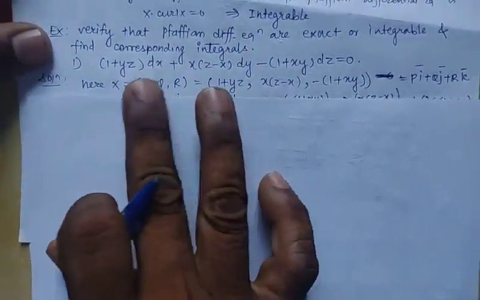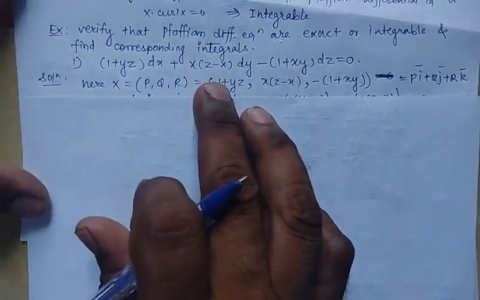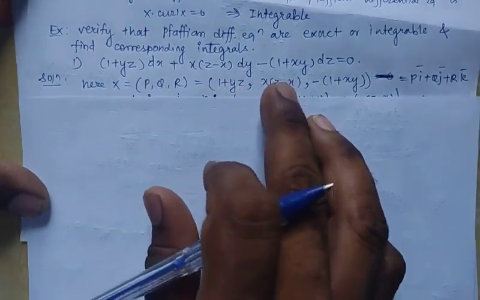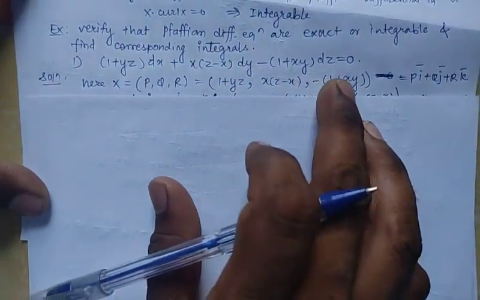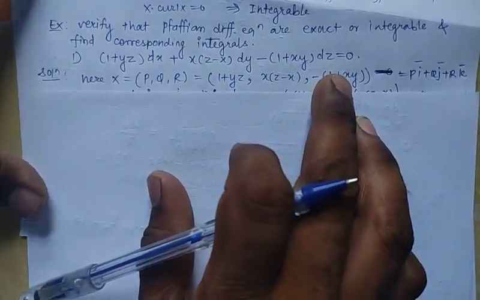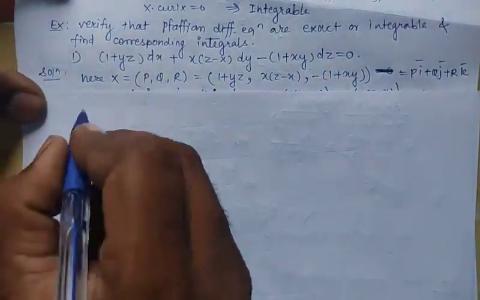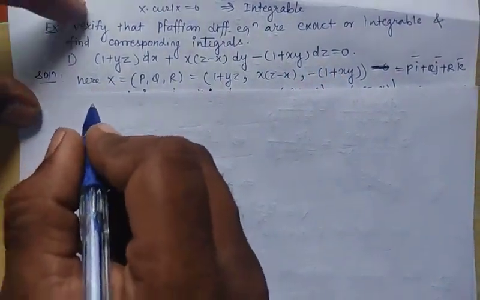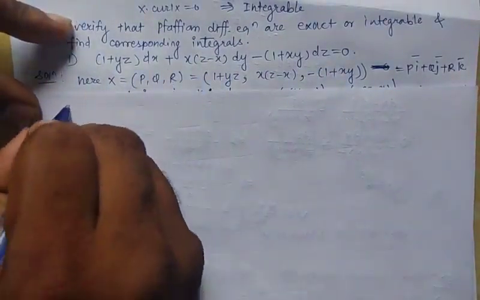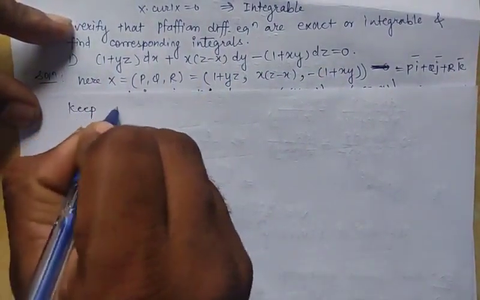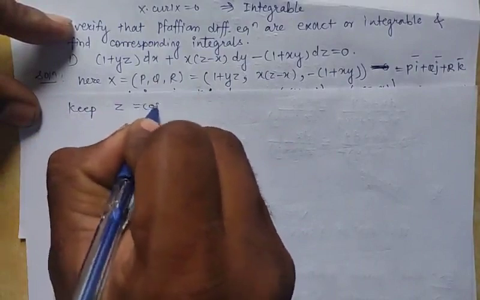The equation is (1 plus yz) dx plus (x into z minus x) dy minus (1 plus xy) dz equal to 0. We will use Newton's method. So what is Newton's method? We keep one of the variables constant. Now keep z constant.